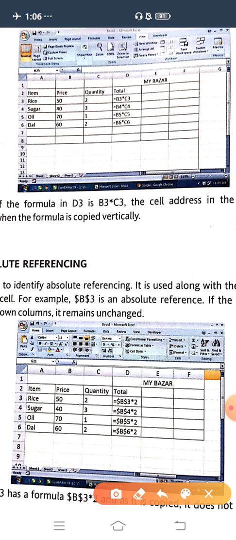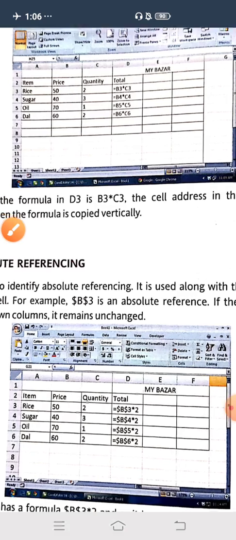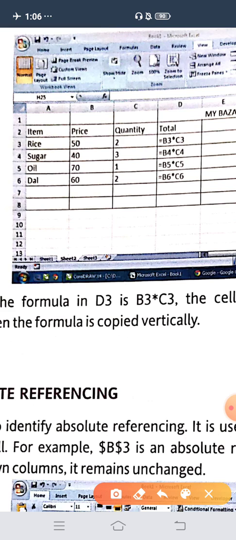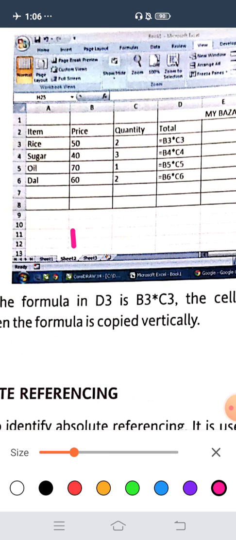So first thing is we have to mention the equal to sign. Then to find the total we need to multiply price and quantity. So what is the cell address of the price of the rice? It is B3. So in the cell address we will write B3 as they have mentioned here. You can see here we have to mention B3.